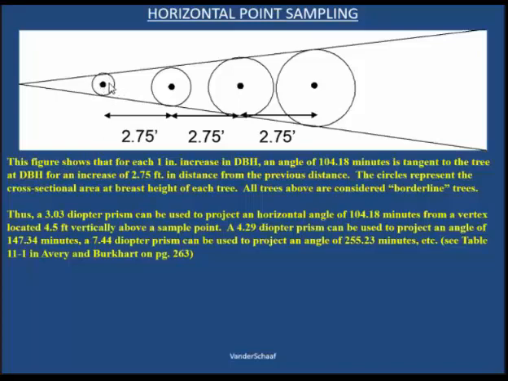as we increase in diameter at breast height 1 inch, for an angle of 114.18 minutes, the sides are tangent to the tree at DBH for an increase of 2.75 feet in distance from the previous distance.